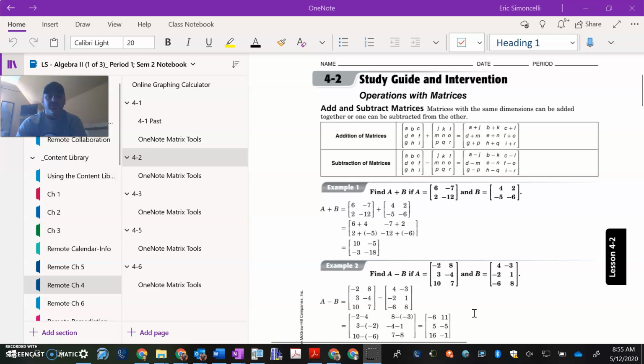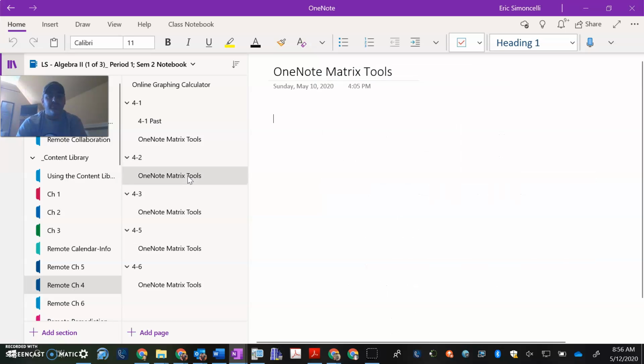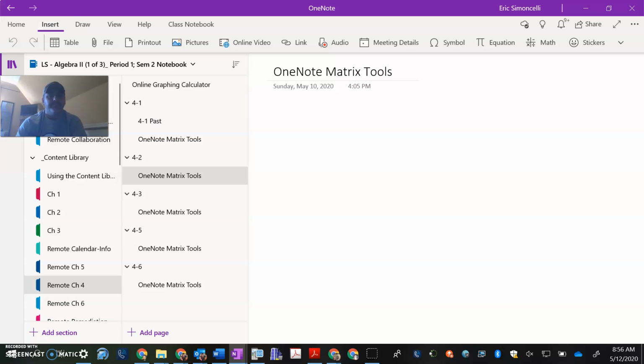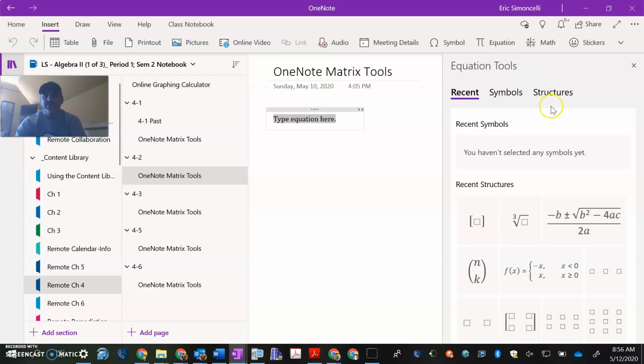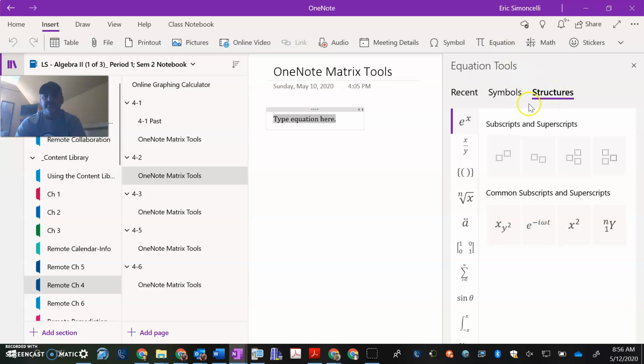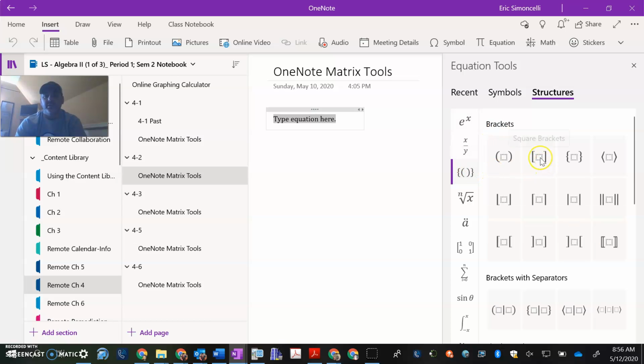So what I'd like to do is actually show you again what the calculator can do. I have matrix tools that are very conducive on the calculator, but also on OneNote. I'm going to go ahead and insert, and we'll hit, like we did in section 4.1, insert structures, and I'll use the bracket option, and we'll type in square brackets.